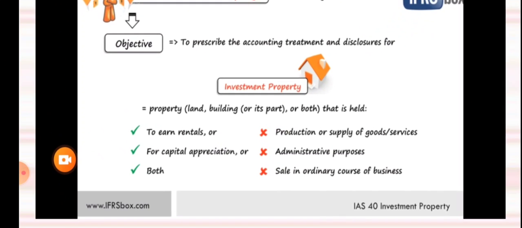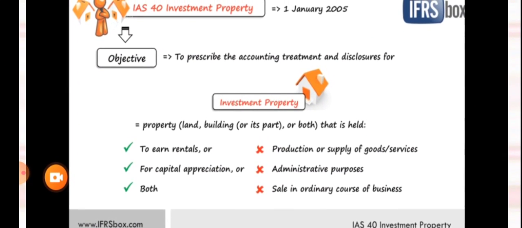So let's have a look at what it includes or where we can apply this. For example, I have a building. So here it can be a building, it can be a land or a part of it. Either I can mention a part of my land in the balance sheet or a part of a building in the balance sheet, or both.